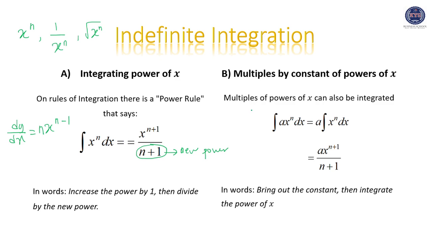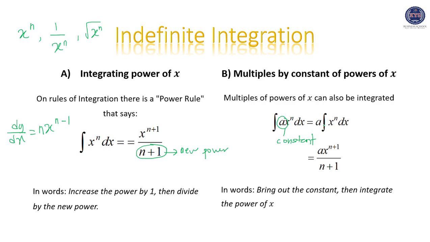Okay, and then B, multiply by constant of the power of x. For example, you want to integrate ax power of n dx, where your a is a multiple of x with power, or a constant.